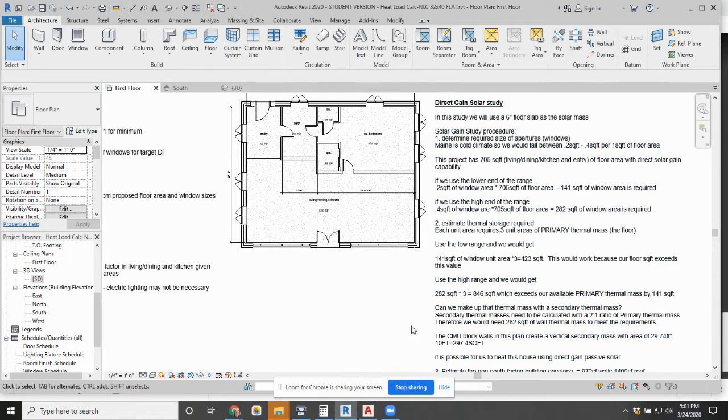Basically, a secondary mass that I put in as a vertical wall to absorb the heat can only absorb the heat in a 2-to-1 ratio, or 1-to-2 ratio, I should say, compared to the primary mass. So that means I basically need to take my 141 square feet and double it. And if I double it and I'm able to create a vertical wall mass of that value, 282 square feet or more, then I could make this work.